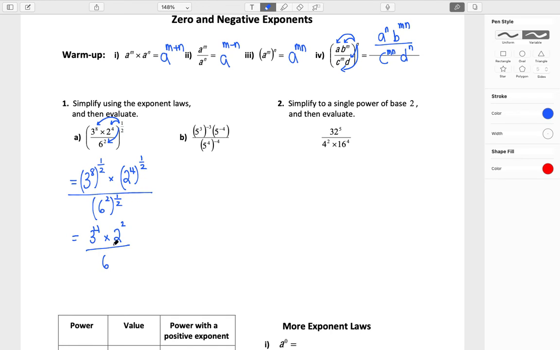I can't apply the exponent law again, so I'm just going to evaluate it. So 3 to the 4 is 81. 2 to the 2 is 4, divided by 6. When you multiply and divide, your final answer will be 54.